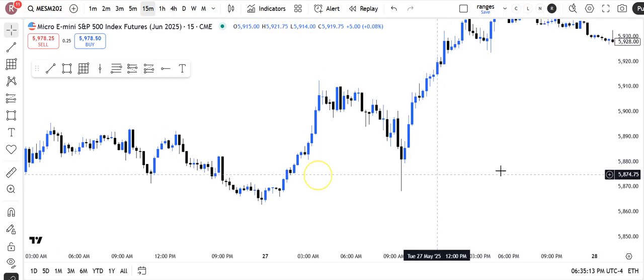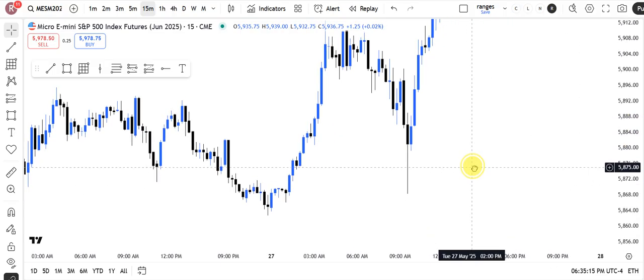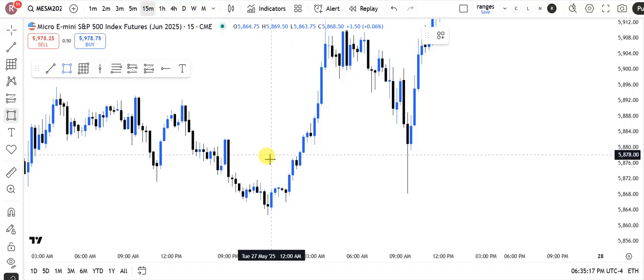Okay, I'll find another example here, but let's go ahead and move on to a bullish example.